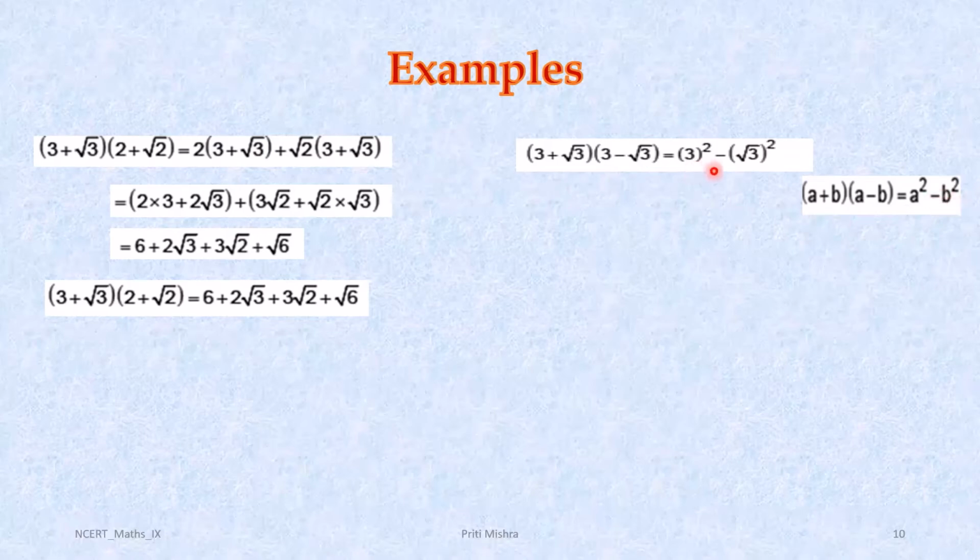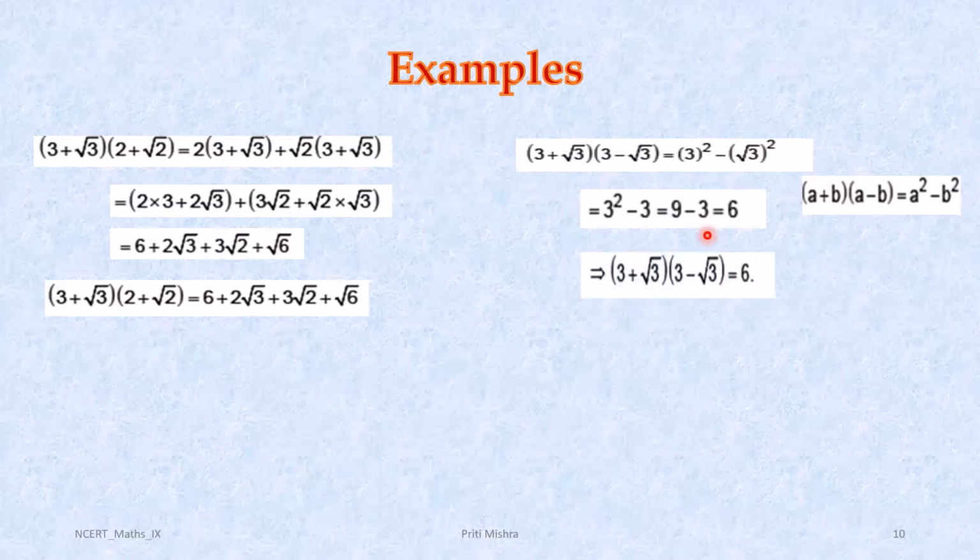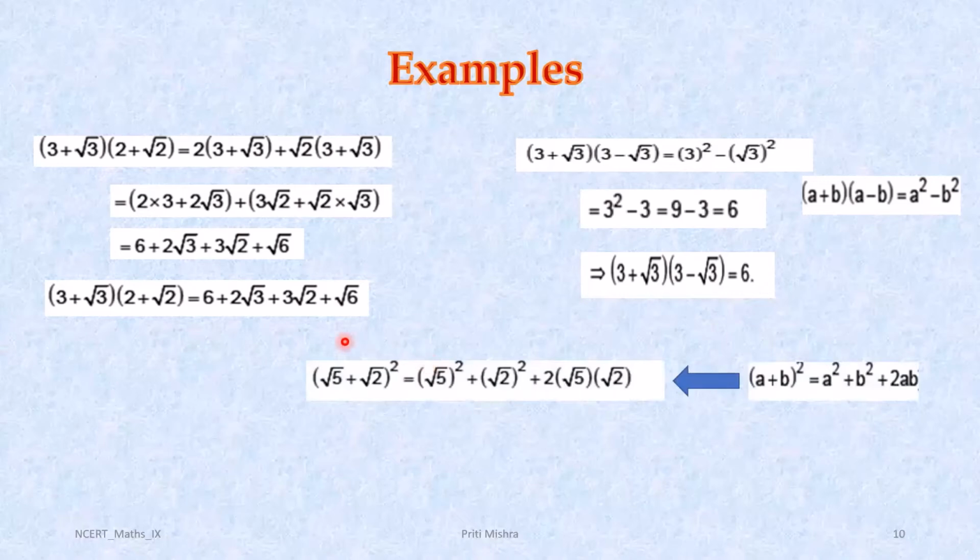It will be 3 square minus root 3 whole square. So 3 square is 9 and root 3 whole square is 3. So the answer here we are having is 6. And 6 is a rational number. So when we are multiplying two irrationals, we can have an answer a rational too or we can have an answer an irrational too.